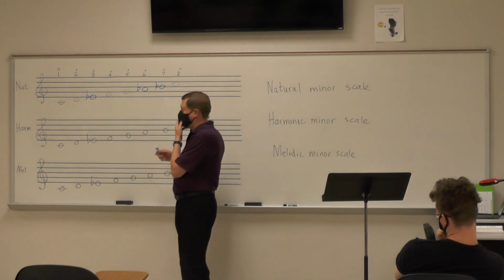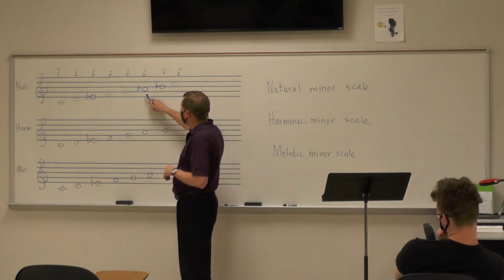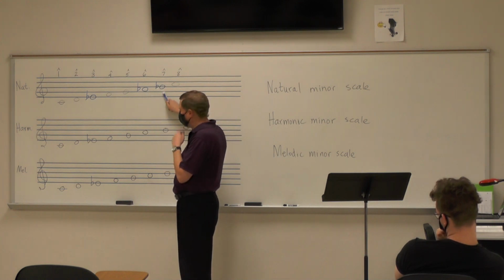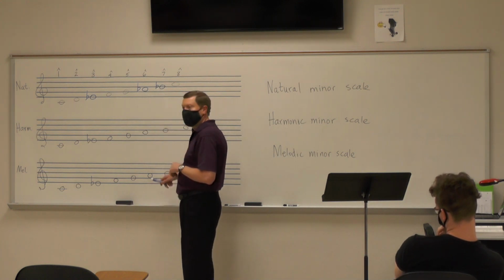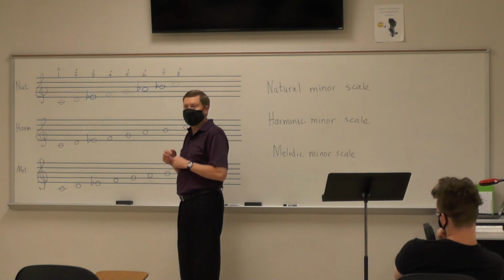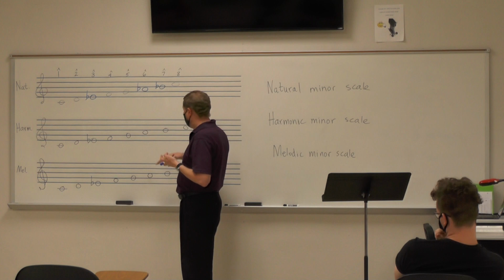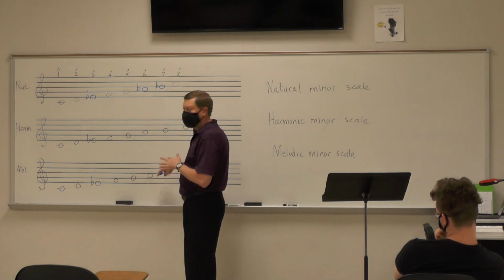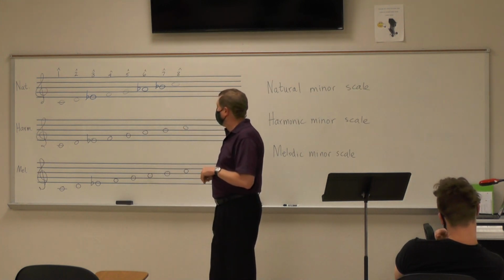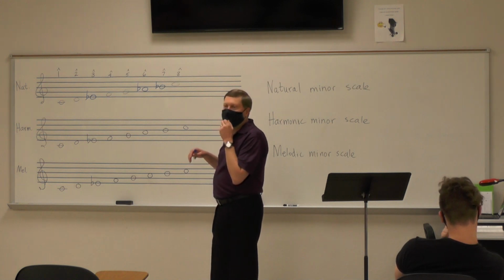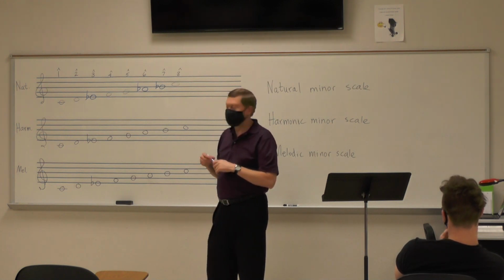So we're going to distinguish between the minor sixth and minor seventh scale degree versus the major sixth and the major seventh scale degree. The minor ones are found in the natural minor scale, and the major ones you'll find sprinkled about, I guess, in other versions of the minor scale.